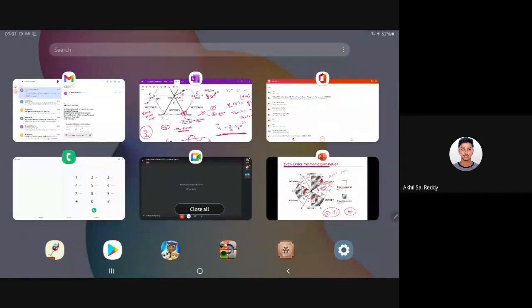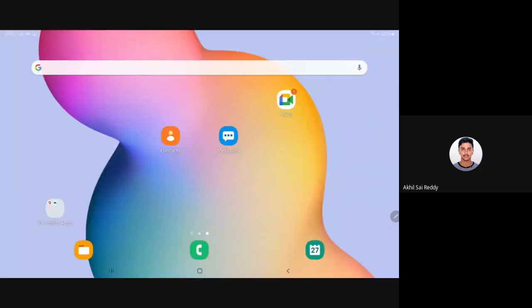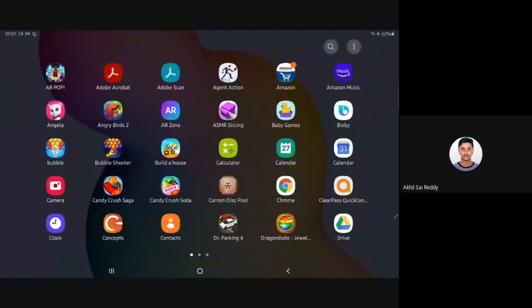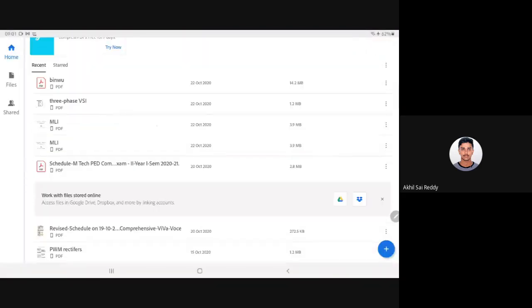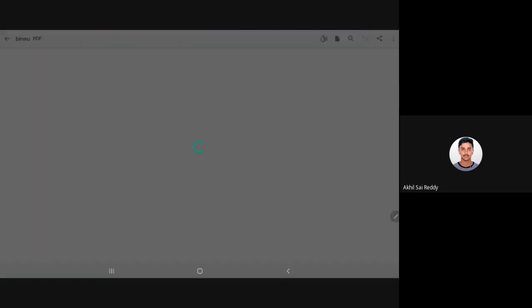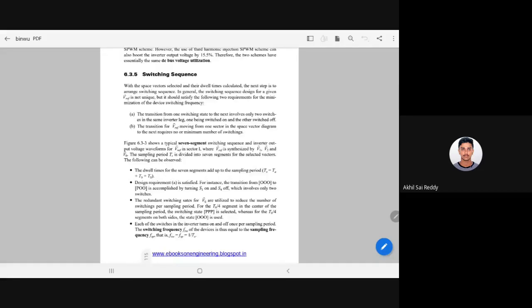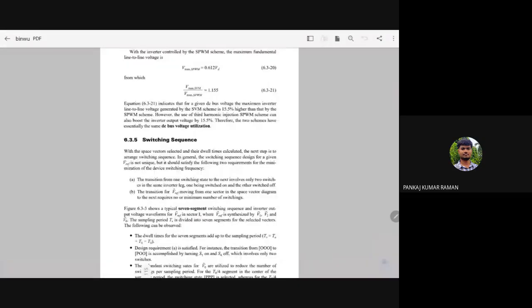Right, I think that figure is missed. I will show you in the textbook. The screen is visible, right? Yes, sir, it's visible. I missed that figure, maybe I deleted it.